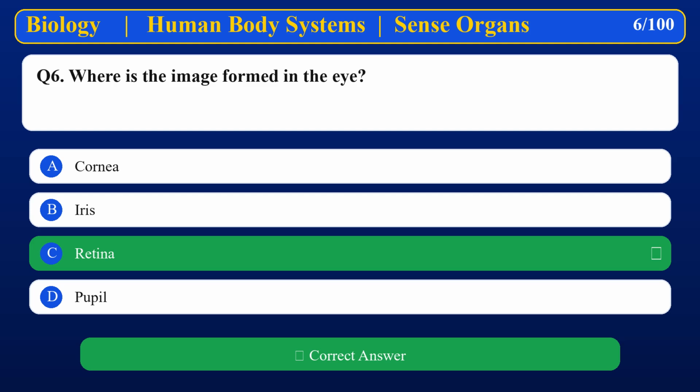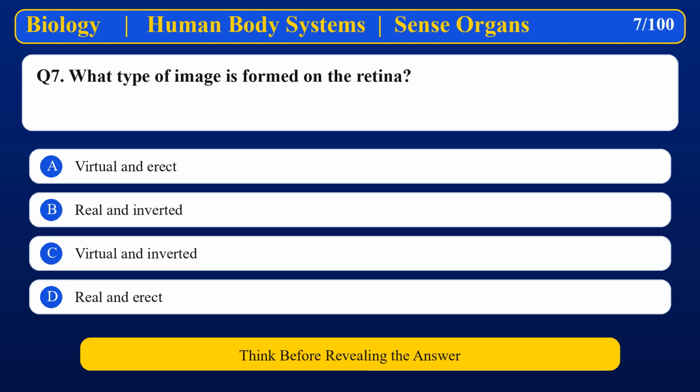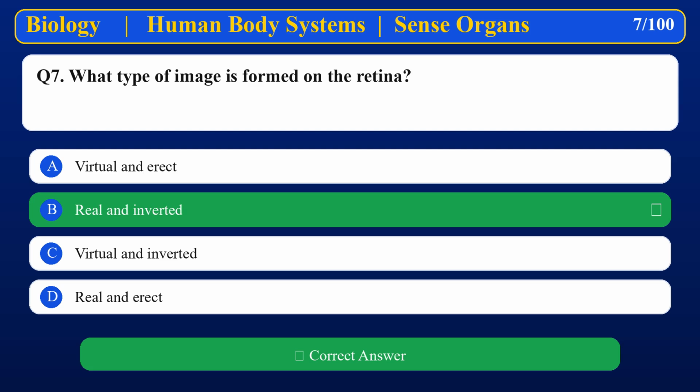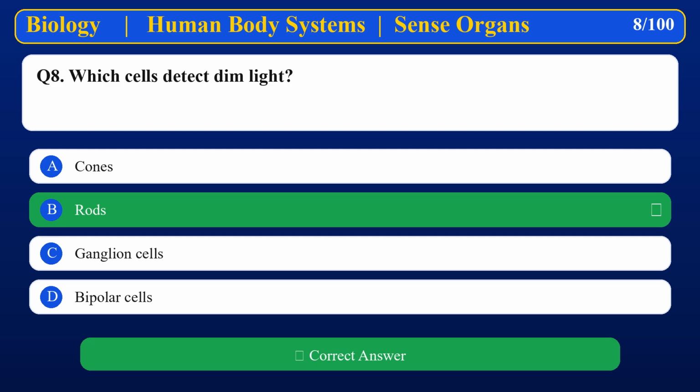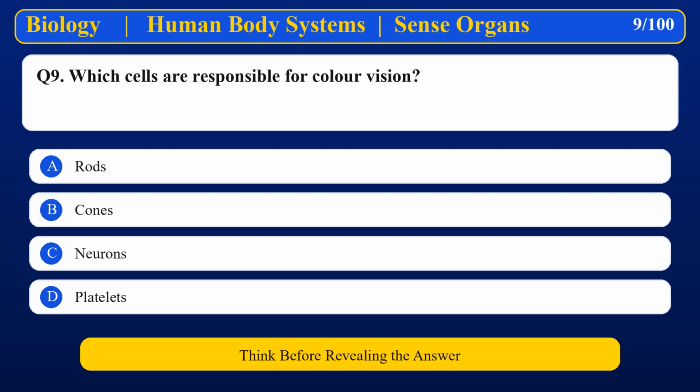Retina. What type of image is formed on the retina? Real and inverted. Which cells detect dim light? Rods. Which cells are responsible for color vision?